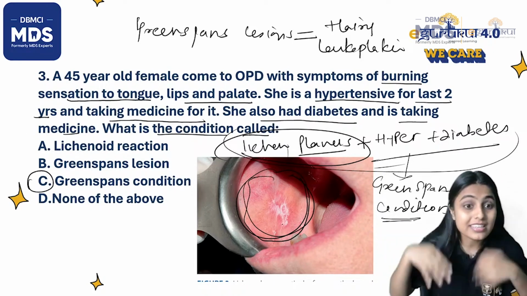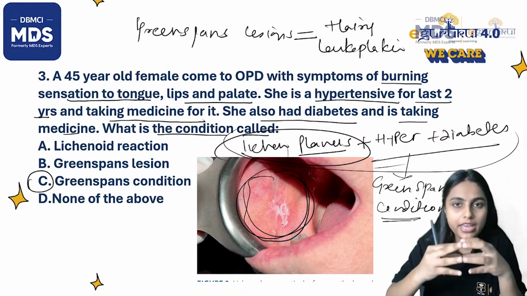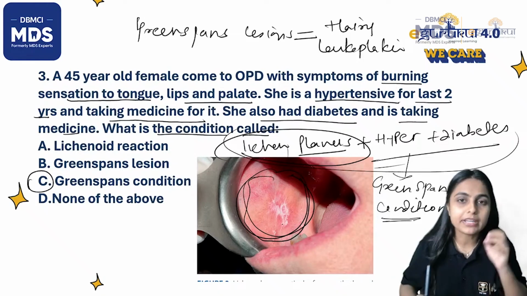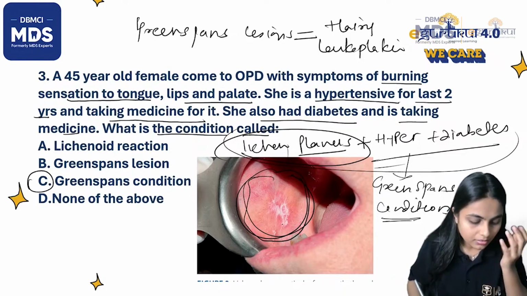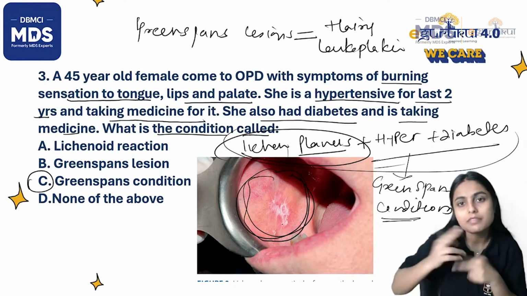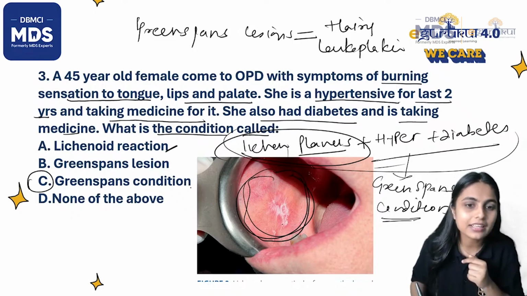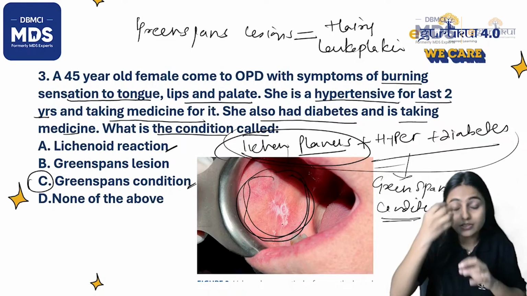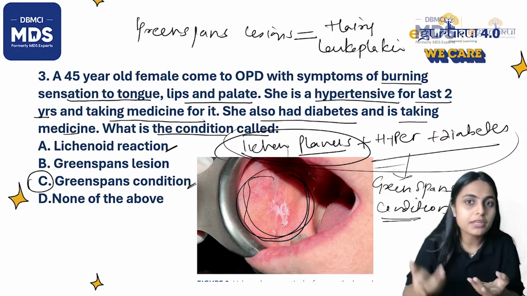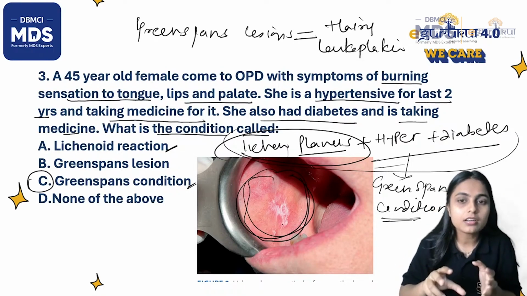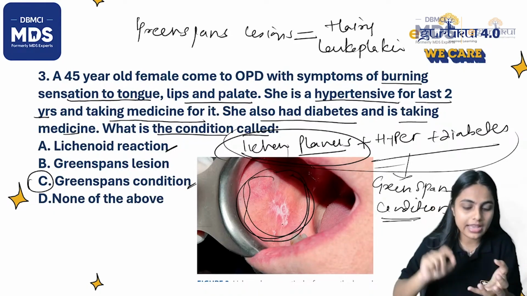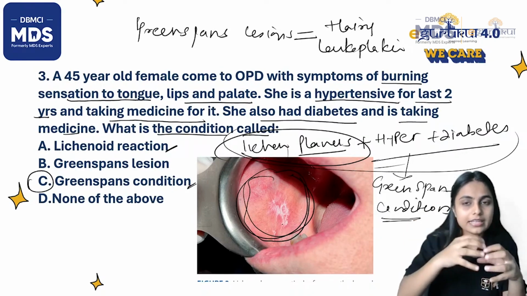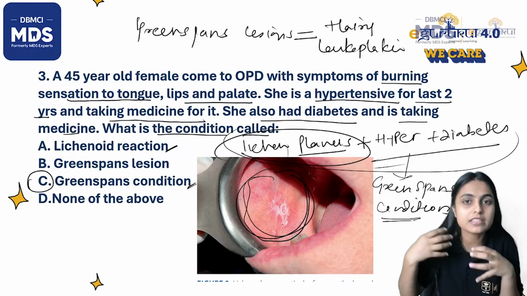What is Greenspan's condition? This is a condition where you have lichen planus plus diabetes plus hypertension. There could be confusion between lichenoid reaction and Greenspan's condition in this question. Lichenoid reaction can be due to drugs, but here they have given two conditions, hypertension and diabetes, so they want us to correlate these three conditions, lichen planus plus diabetes plus hypertension.